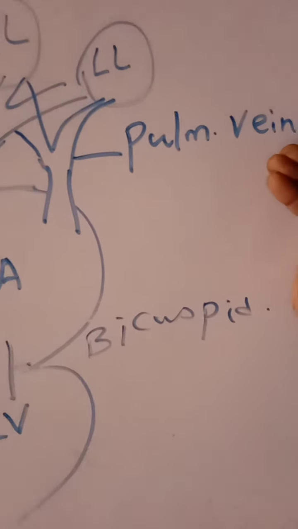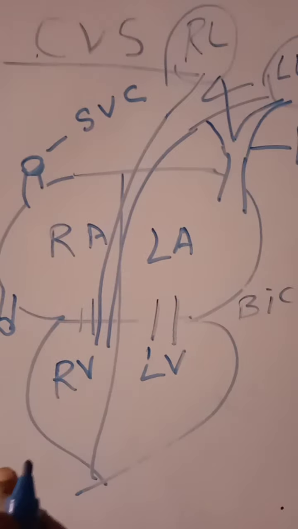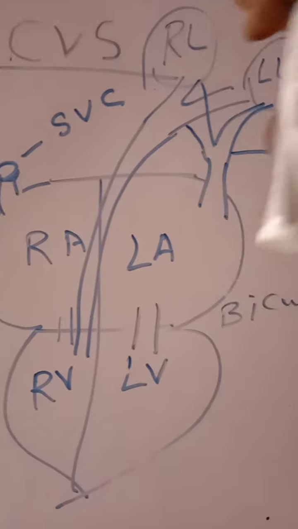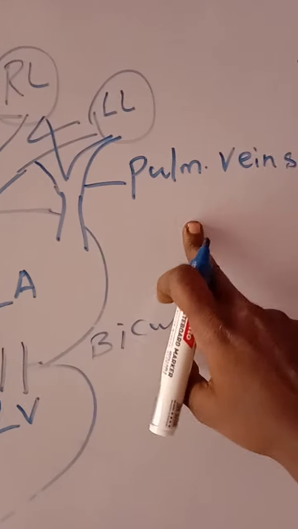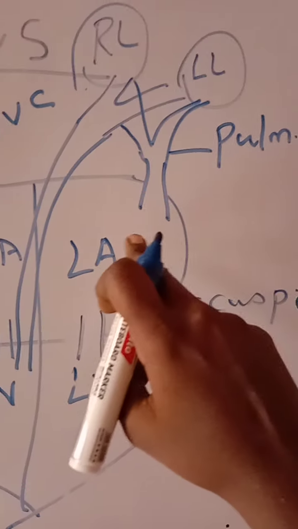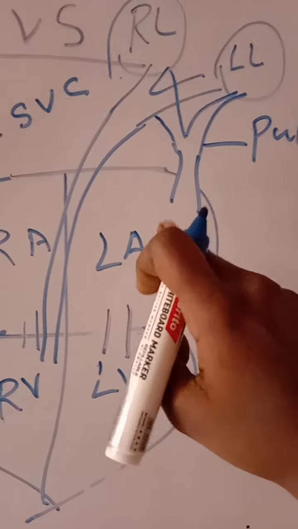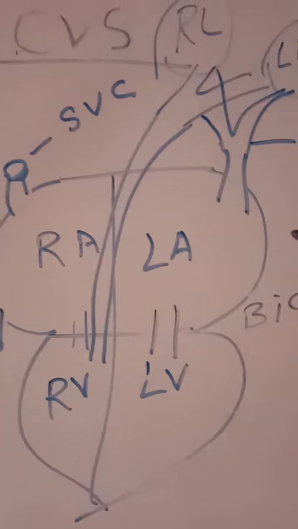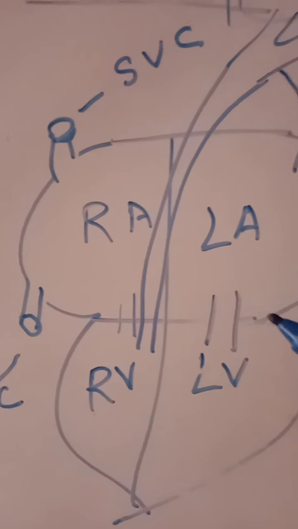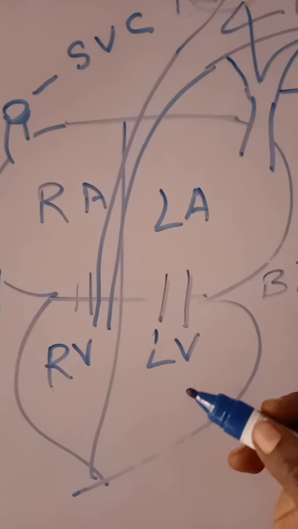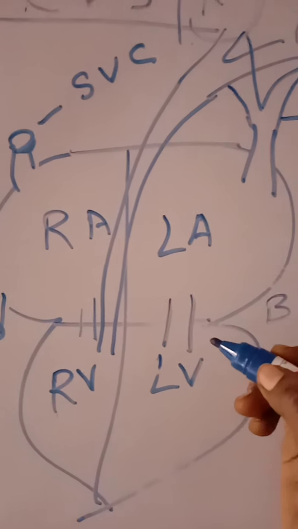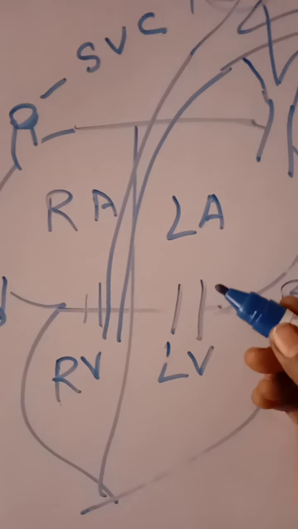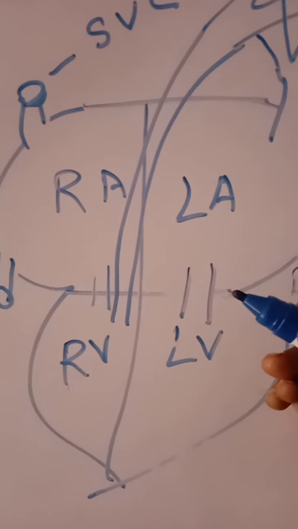So through the pulmonary artery the deoxygenated blood reaches the lungs, and from the lungs, with the help of pulmonary veins, the oxygenated blood reaches the left atrium. Now from the left atrium the oxygenated blood will reach the left ventricle through the bicuspid valve that we have seen already, that lies between the left atrium and the left ventricle.